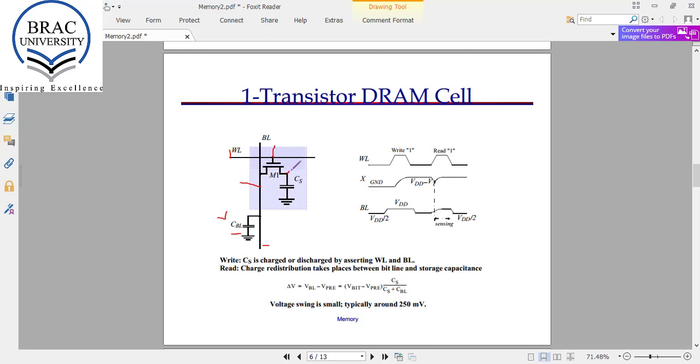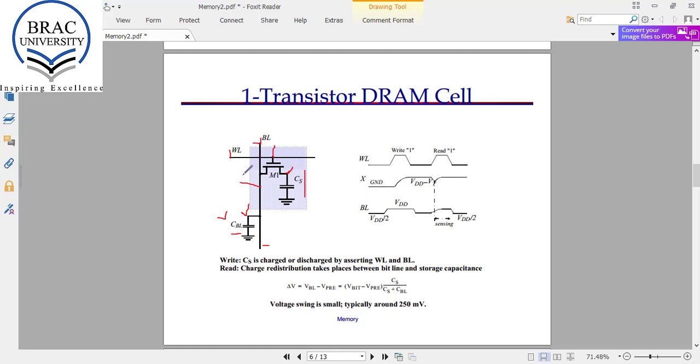If the value that is stored in this cell is 1, the voltage across this capacitor will be VDD, and this will try to increase the voltage of this capacitor or bit line. And if the voltage here at CS is 0, then this will try to decrease the voltage at this bit line BL.